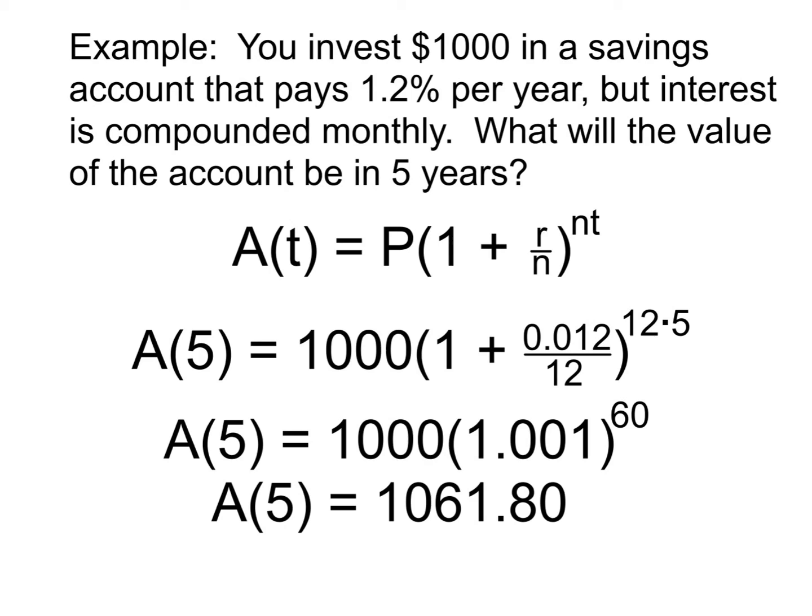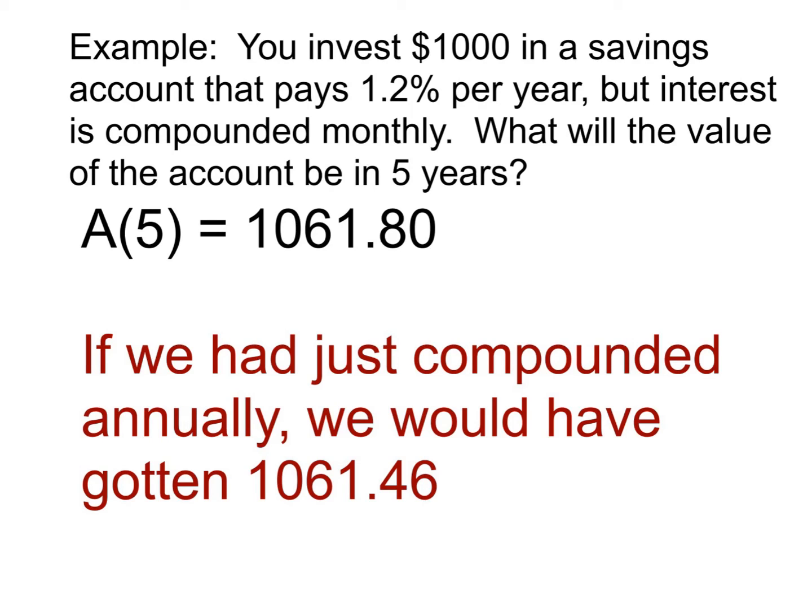Now, a little side note on that. This is a case of compounding monthly, just so you can see how that would compare. What would the number have been if we weren't compounding monthly? What if it was annually like we've done in the past? If we had done it annually, in other words, n being 1 using the equation we had before, you would have ended up with an answer of $1,061.46.